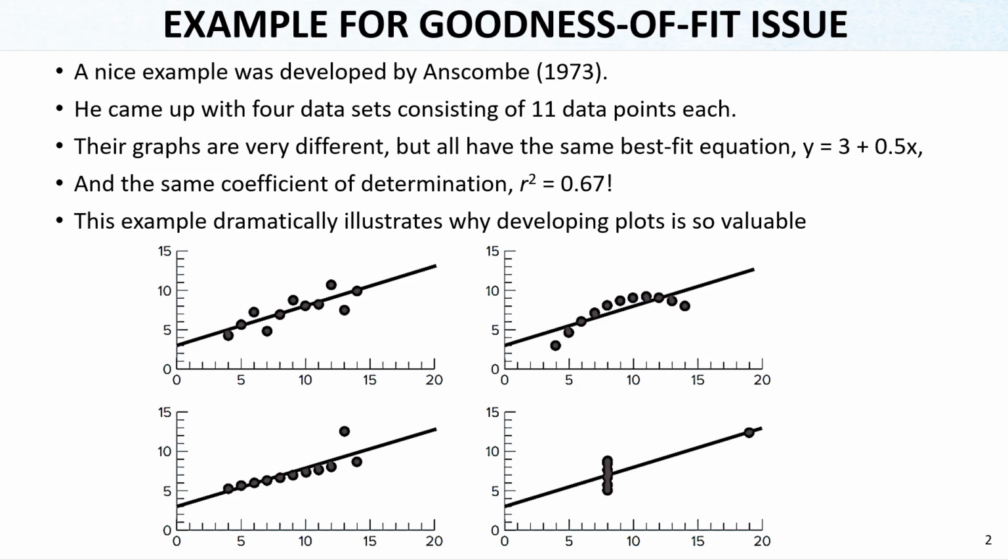In this slide, we have a nice example which was developed by Anscombe in 1973. In this study, they have 4 different cases, or 4 different data sets, and for all of them the linear regression is the same and the R-square values are the same.